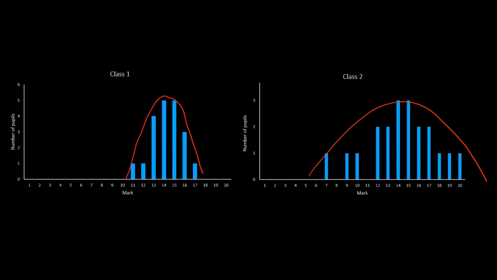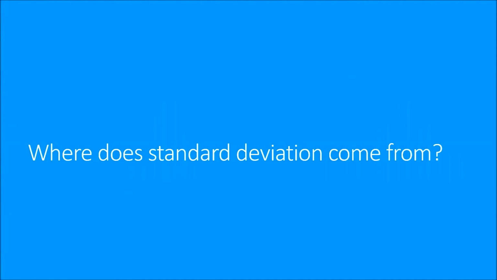And the standard deviation is a formula that is calculated in relation to the shape of this normal distribution curve. So we need to look at exactly where that comes from.